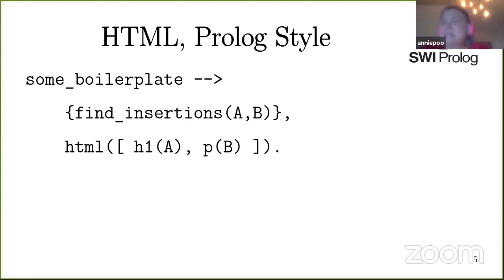This is another extension here. HTML is actually a DCG itself, which takes as an argument a Prolog term and interprets that and assembles ordinary HTML out of it. So this bit of code would make an H1 tag followed by a P tag with the contents of A and B in them respectively.